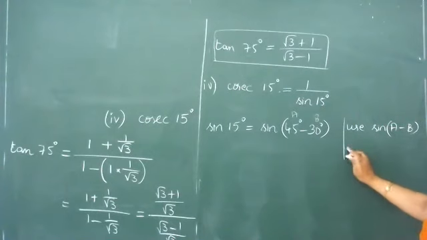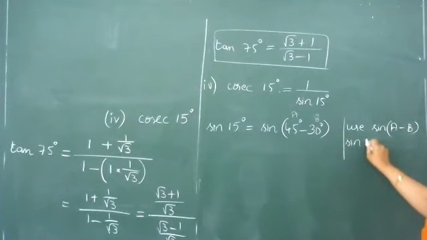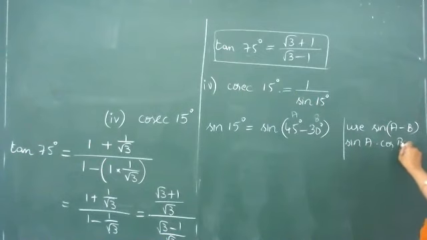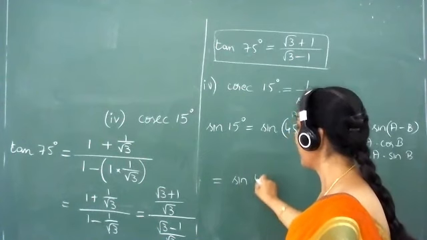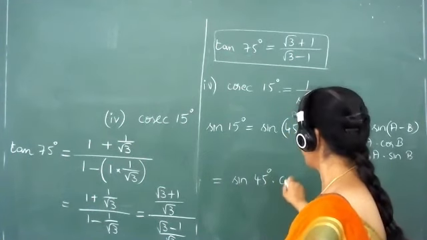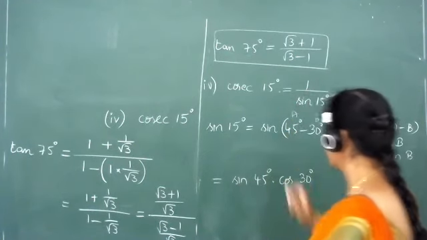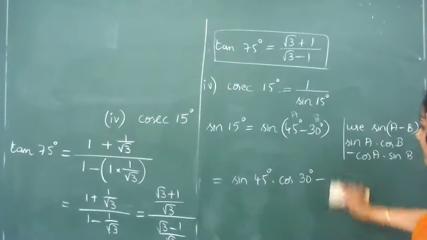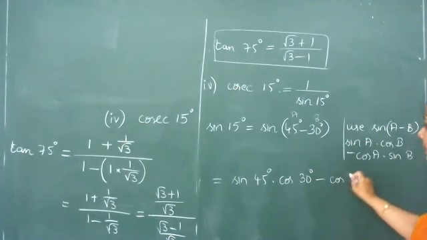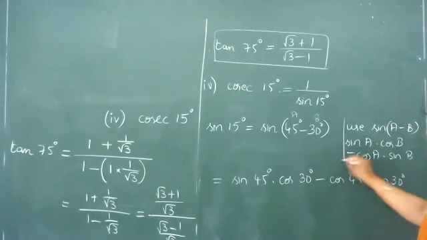And what is sine of A minus B given by? Sine A into cos B minus cos A multiplied with sine B. So the same formula I will be using over here. So I write sine 45 degrees into cos 30 degrees minus cos 45 degrees into sine 30 degrees.